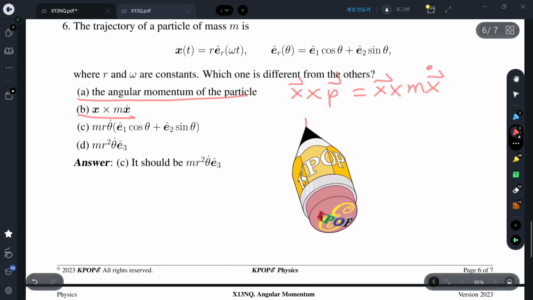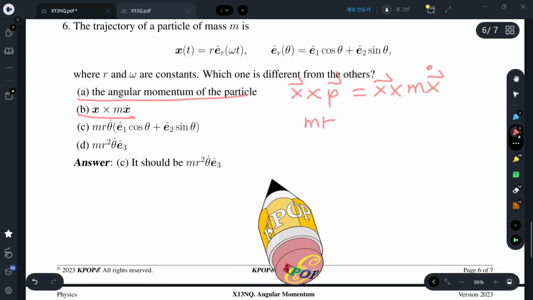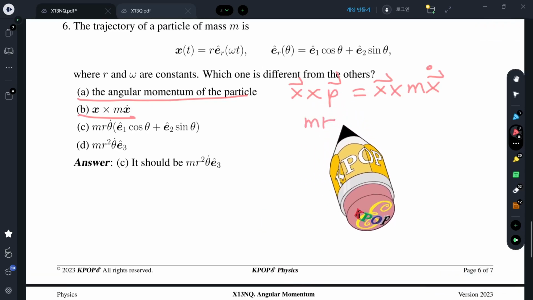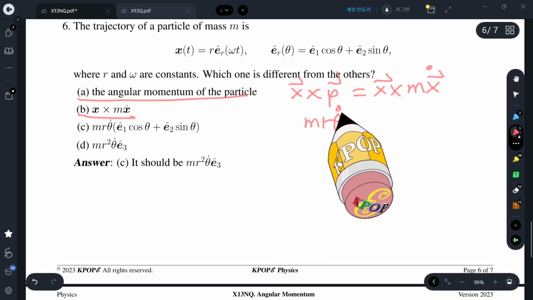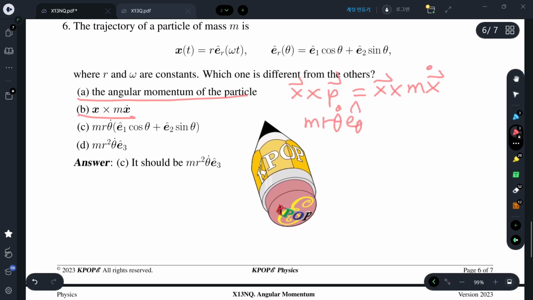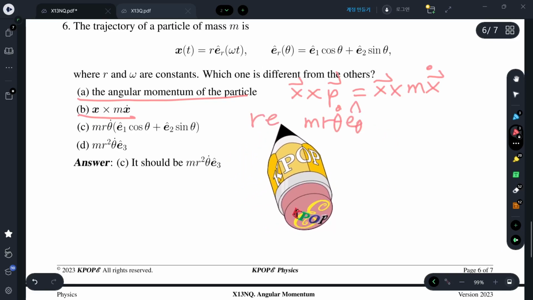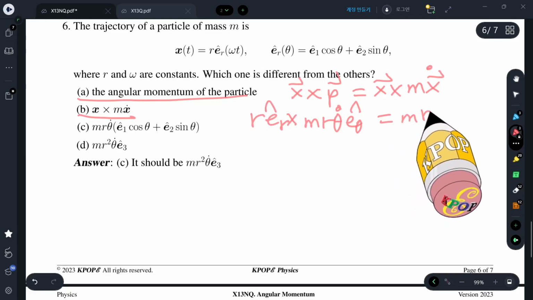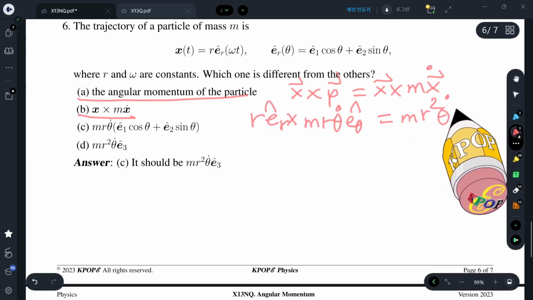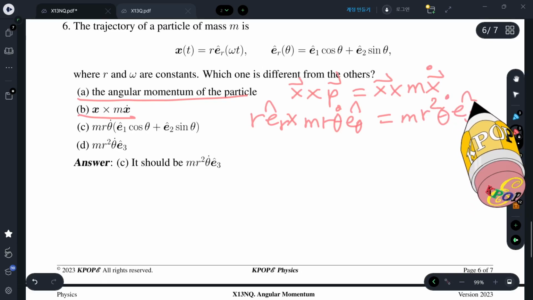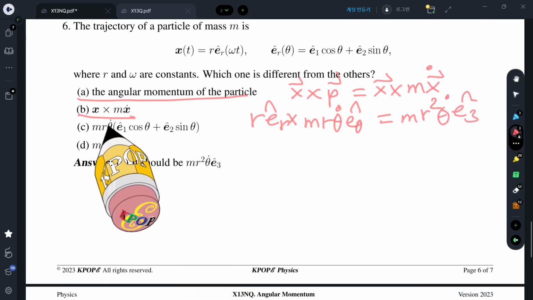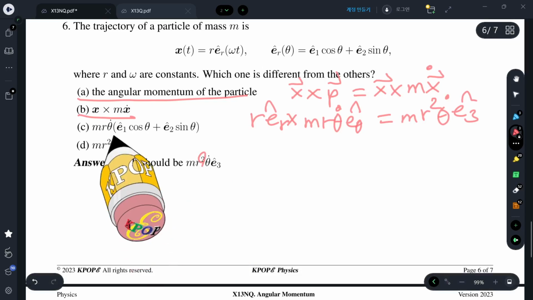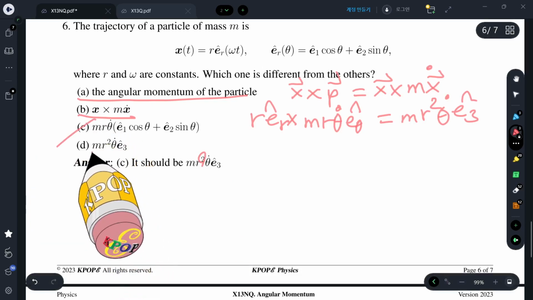And what's that? m r theta dot E theta hat, r ER hat cross, equals m r squared theta dot E3 hat. Okay, in this one a single power is missing. This is wrong. This is right.